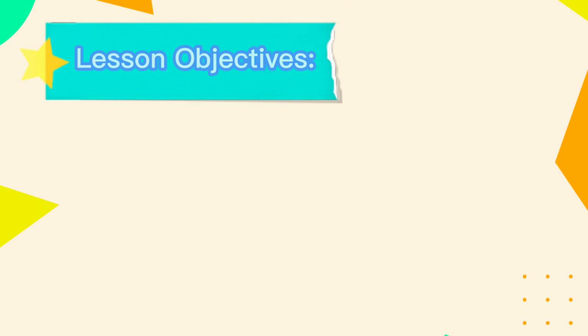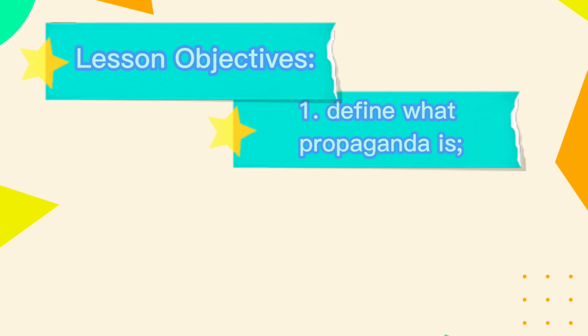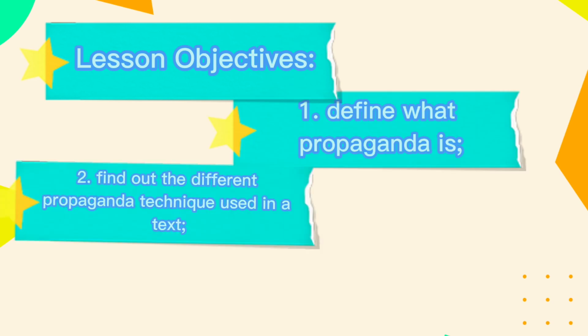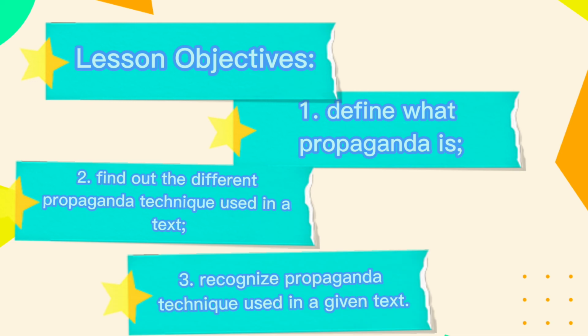After watching this video, you are expected to, number 1, define what propaganda is. Number 2, find out the difference of the propaganda techniques used in a text. And number 3, recognize propaganda technique used in a given text.